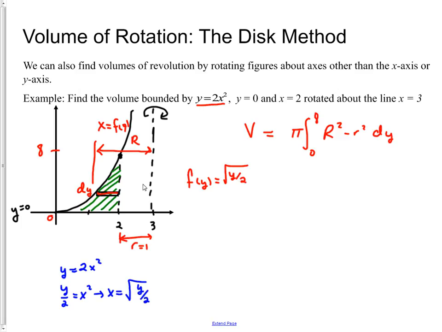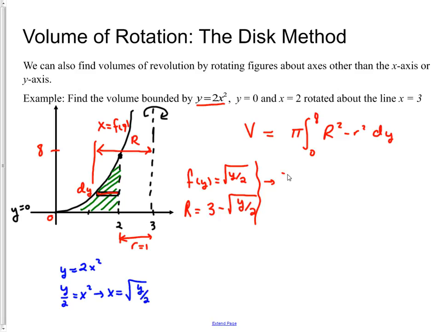And R, well, R is the difference between 3, the line x equals 3, and the curve x equals square root of y over 2. So R, the large function that we need right here, is going to be the quantity 3 minus square root of y over 2. Okay, so this is going to be the function that we're going to substitute in here to find our volume.